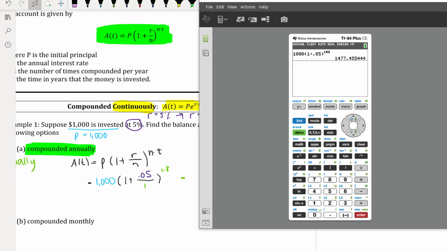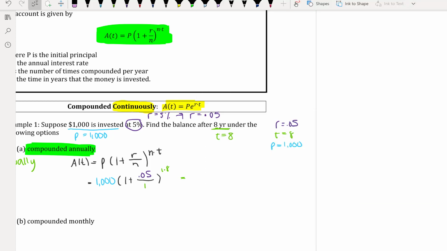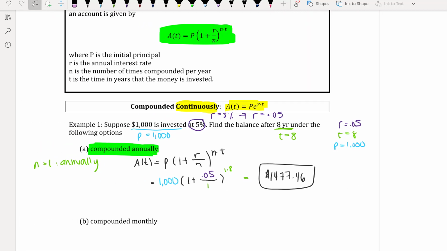You can get 46 cents back from the bank, but you're not going to get 0.4555444 cents from the bank. So since it's always money, you round to the 2 decimal places. So I'm going to have my final answer as 1477.46. And so that gives me my final answer for number 1.